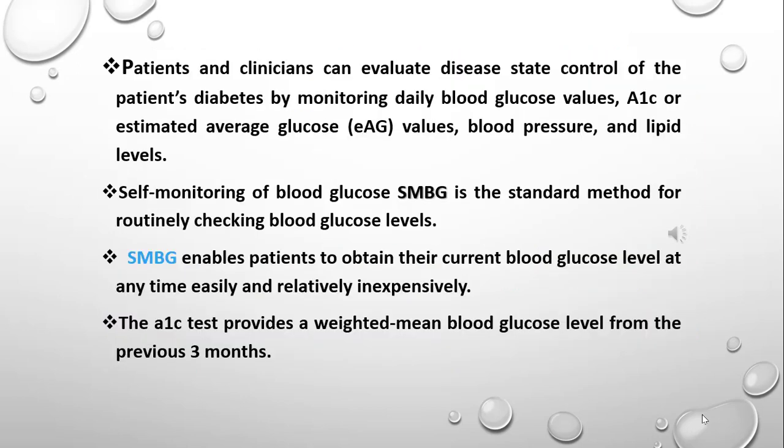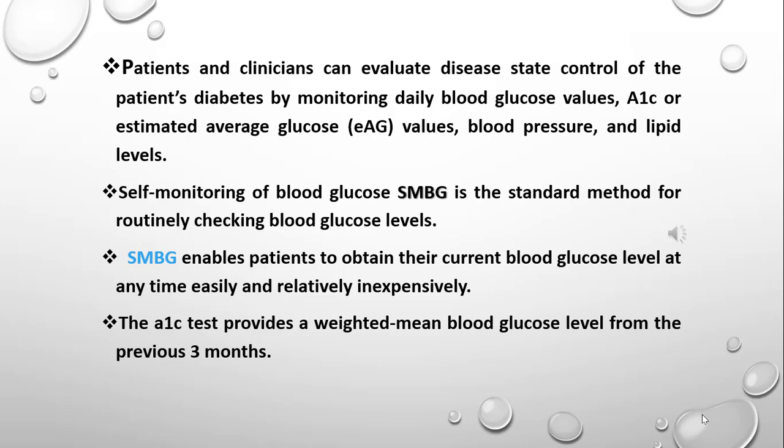Treatment goals of diabetes can be easily achieved if the patient and clinicians evaluate disease state control by monitoring daily blood glucose levels, A1C values, estimated average blood glucose values, blood pressure and lipid profile of the patient. Self-monitoring of blood glucose is the standard method for routinely checking blood glucose level.